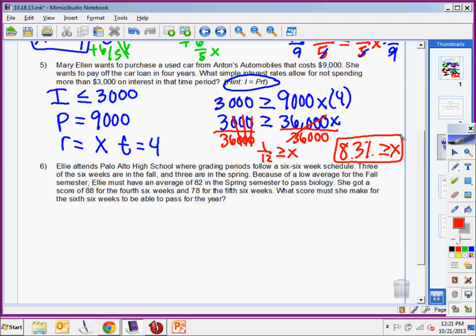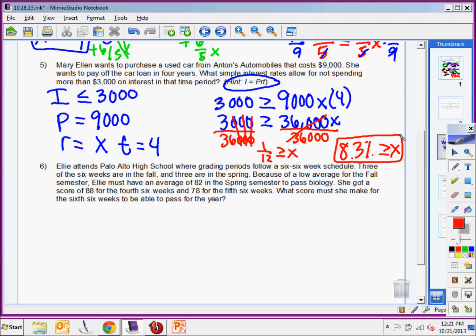Okay, so what this means is that if she gets it at 8.3% and the car costs $9,000, she's going to pay an additional $3,000 in interest. That's $3,000 you're paying for nothing. You're paying these people for letting you borrow the money.